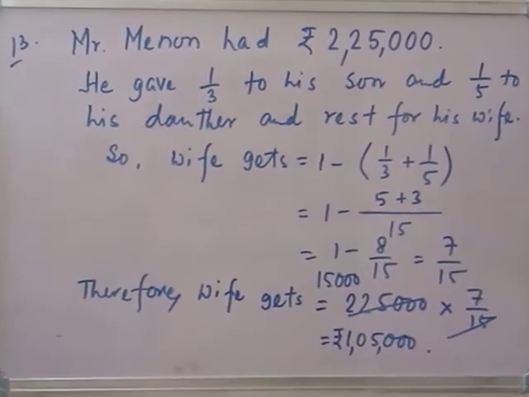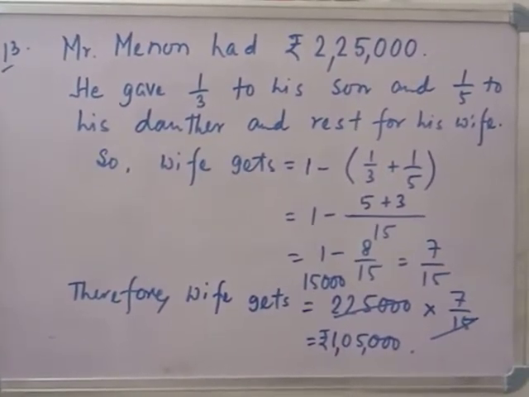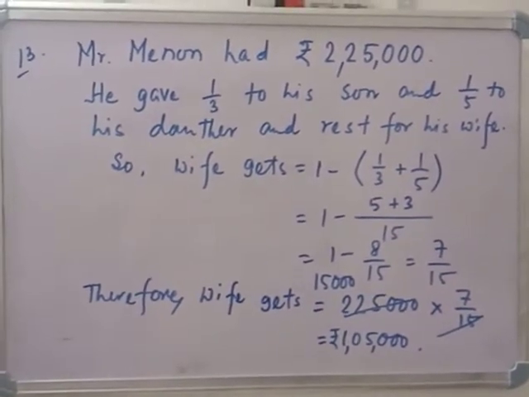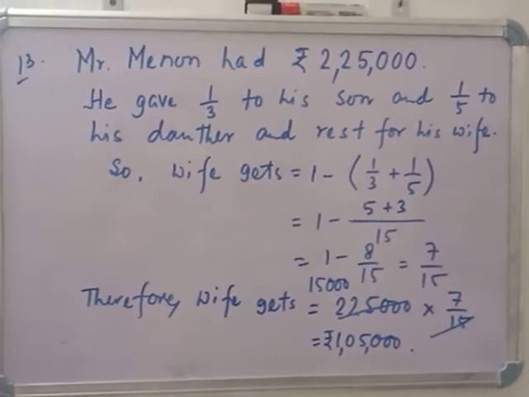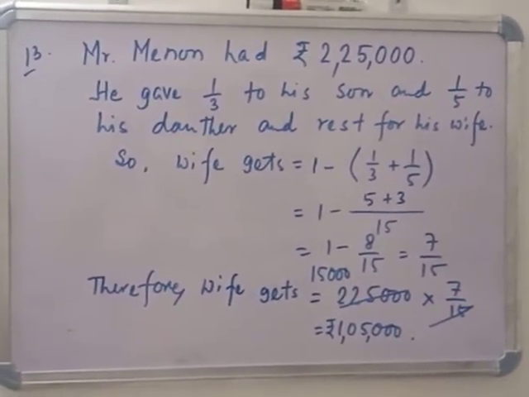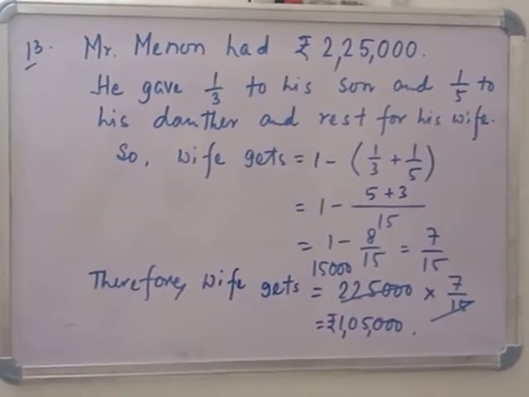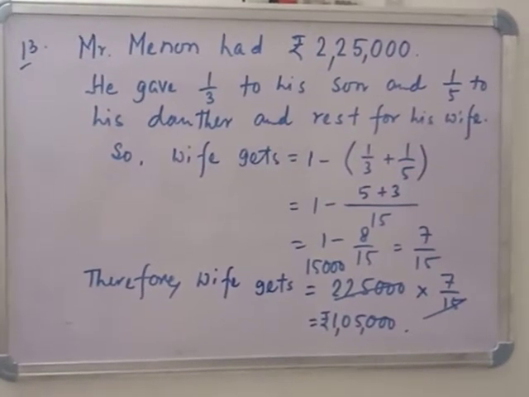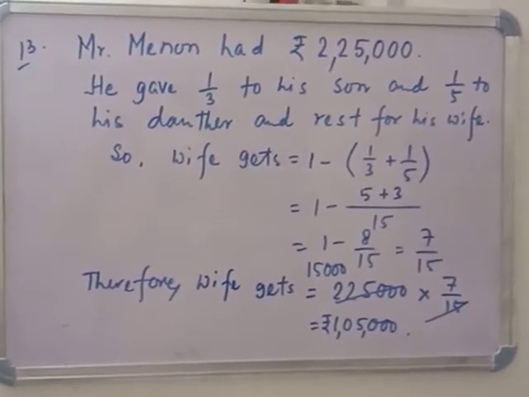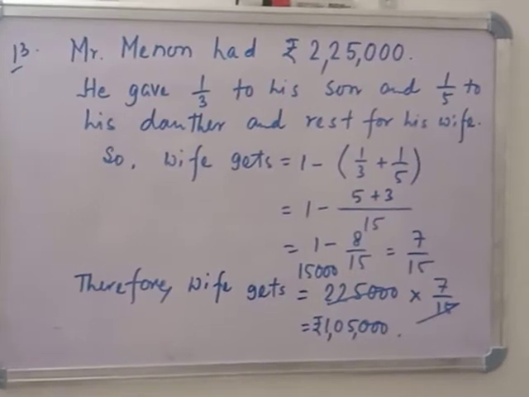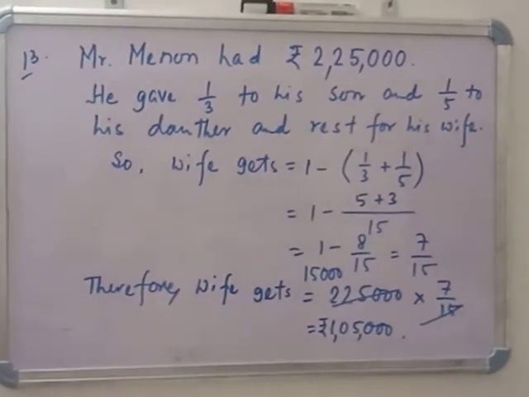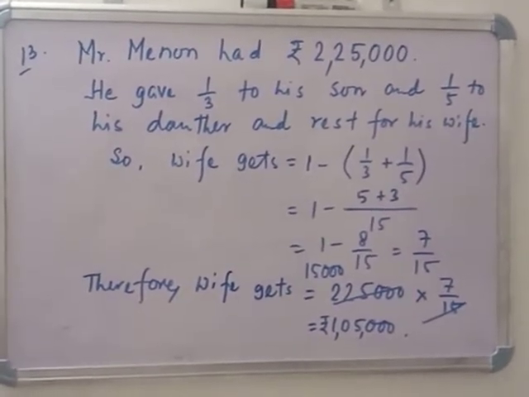So in number 13, Mr. Menon had rupees 2,25,000. He gave 1 by 3 of the total money to his son and 1 by 5 of the total money to his daughter, and the rest to his wife. So the wife gets 1 minus 1 by 3 plus 1 by 5, because if the total money is 1, then you have to subtract the values of the son and the daughter.